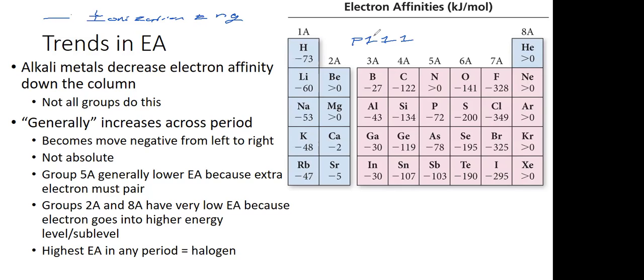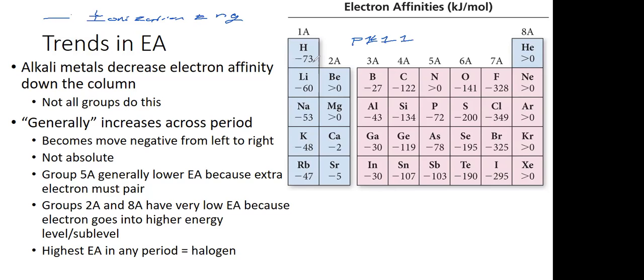If we were to gain another electron, the only place to put it would be to pair it up with another electron. Nitrogen does not want to do that. We'd rather keep our electrons separate if we can. So nitrogen really does not want to gain another electron. It is unfavorable for nitrogen to be negative. And in the vast majority of reactions we see in chemistry, nitrogen's always positive. It wants to lose electrons.